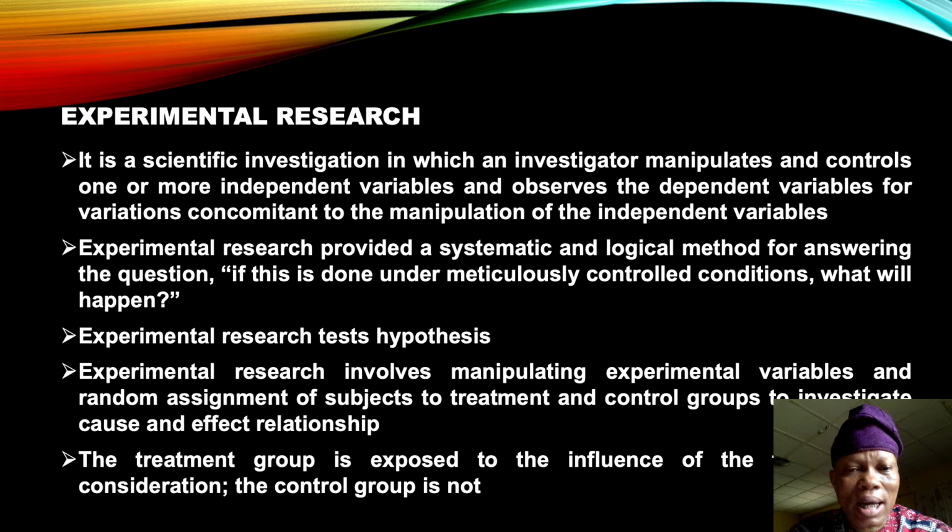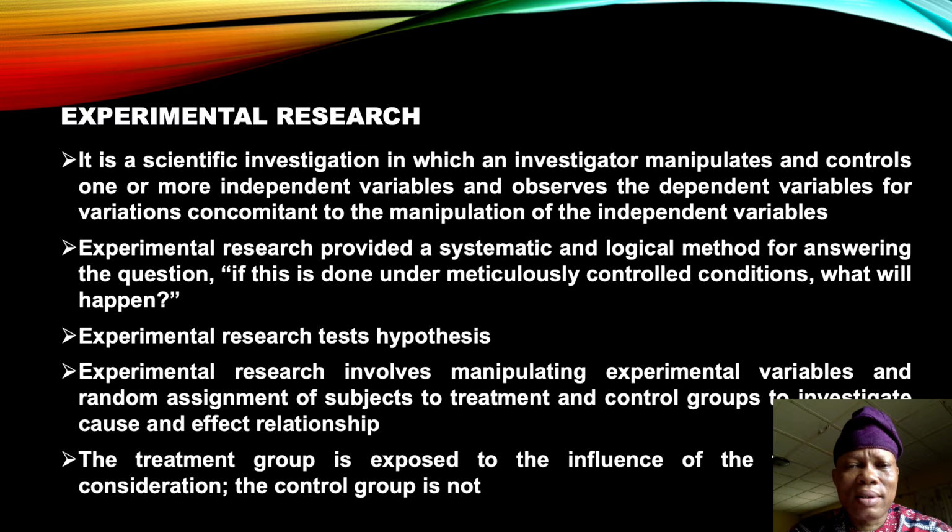Experimental research tests hypotheses. It involves manipulating experimental variables and random assignment of subjects to treatment and control groups to investigate cause and effect relationship. The treatment group is exposed to the influence of the treatment consideration. The control group is not.